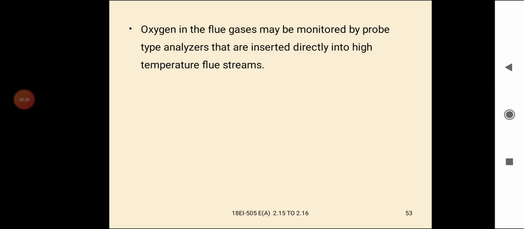Oxygen in flue gases may be monitored by probe type analyzers that are inserted directly into high temperature flue streams.